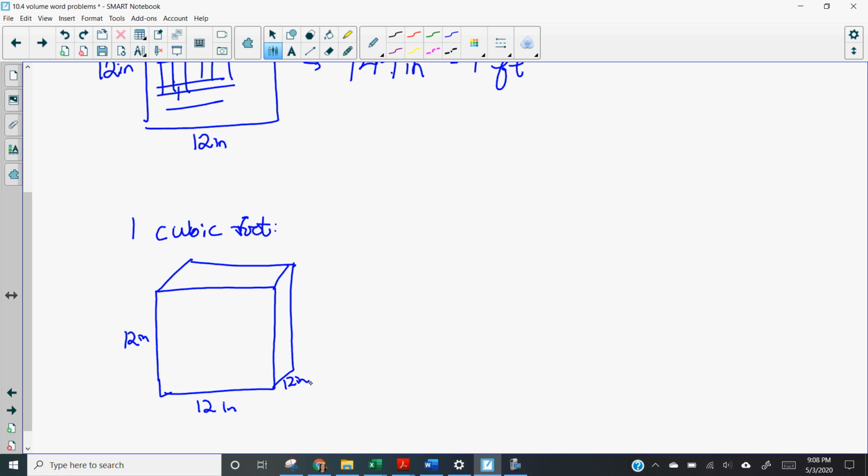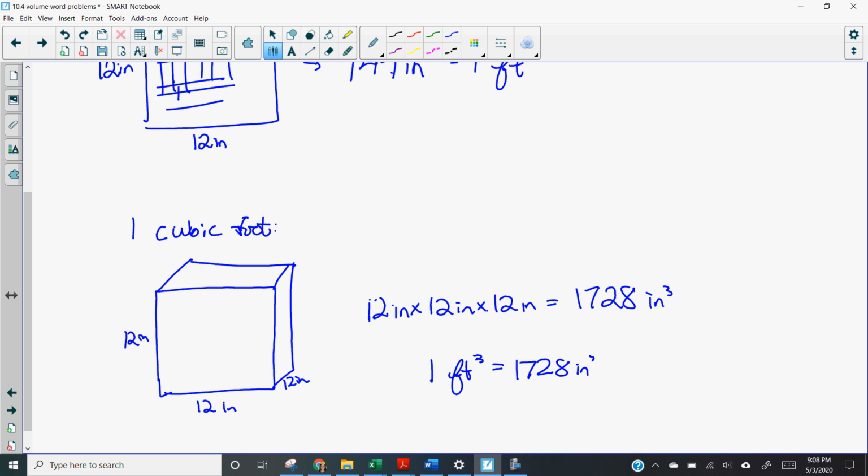Its volume, just think, area of the base times the height, or if you like, length times width times height for something like this, that's fine. It's 12 times 12 times 12. Let me write this out. 12 inches times 12 inches times 12 inches. That's its volume. That's 1,728 cubic inches.